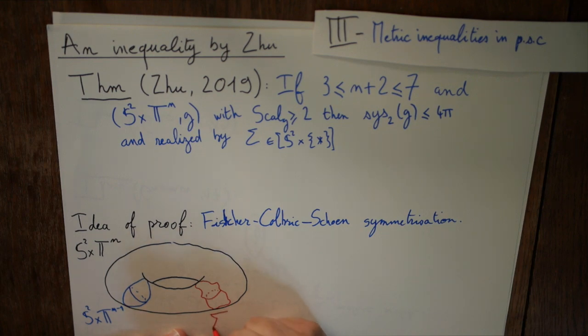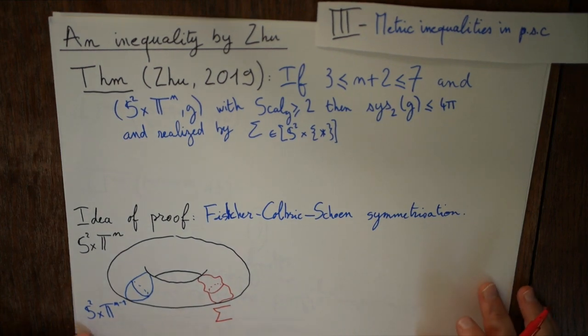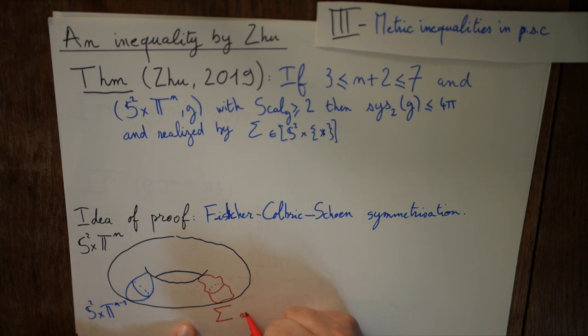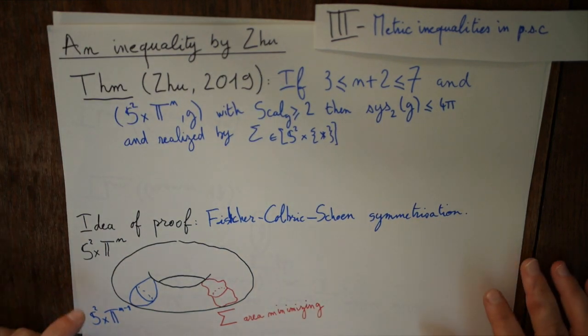Which will be homologous to S2 times Tn minus 1, and which will be area minimizing inside its homology class. So in particular, and it is all that we will need, this will be a stable minimal surface.